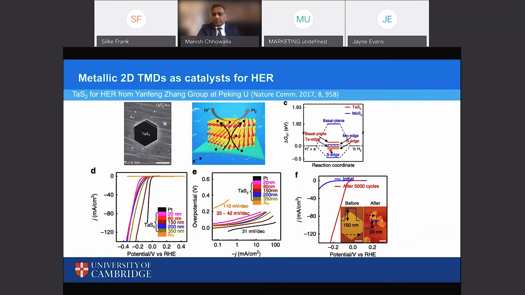They've done calculations to show that in the case of tantalum disulfide, not only the edges, but also the basal planes are catalytically active. That is, their free energy is close to the thermoneutral value, which is what you desire for the HER reaction. And also the sulfur edges are catalytically active. So there are multiple active sites located within tantalum disulfide that give these excellent HER characteristics.